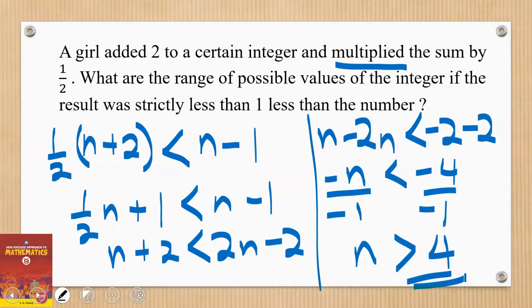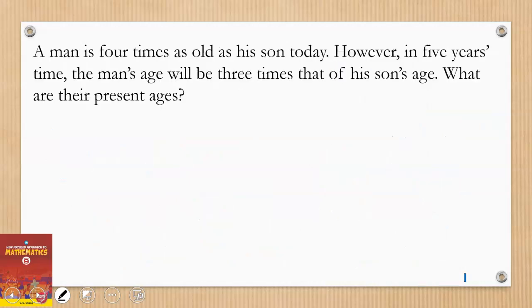All right. Good. Let's take another example and see. A man is 4 times as old as his son today. However, in 5 years' time, the man's age would be 3 times that of his son's age. What are their present ages?